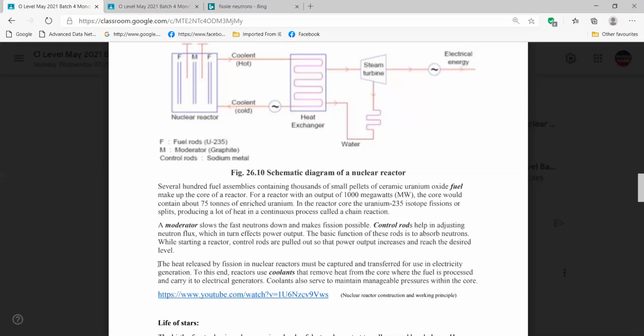Coolant also serves to maintain manageable pressure within the core. Sir, I didn't understand the coolant part. Water is working here as coolant, and because of the heat energy, it will become vapor, right?